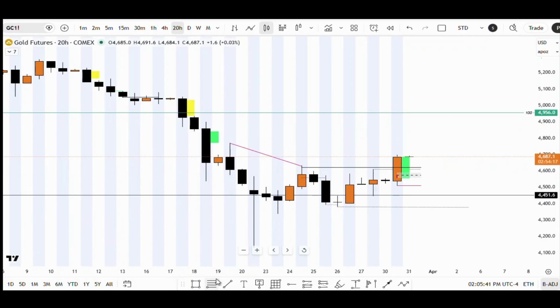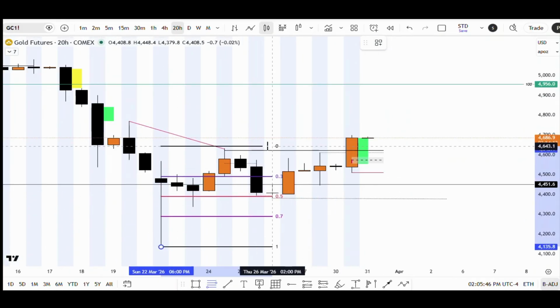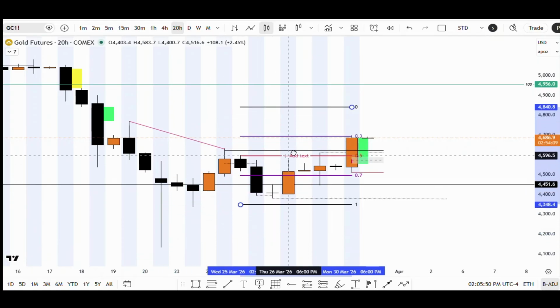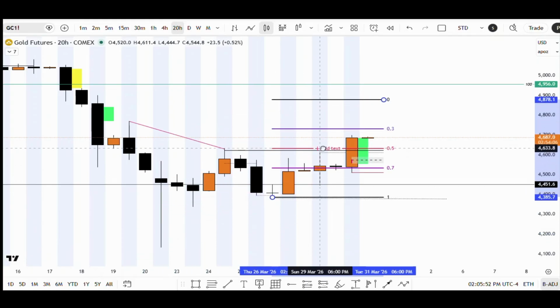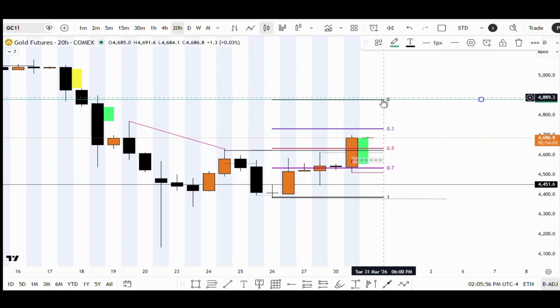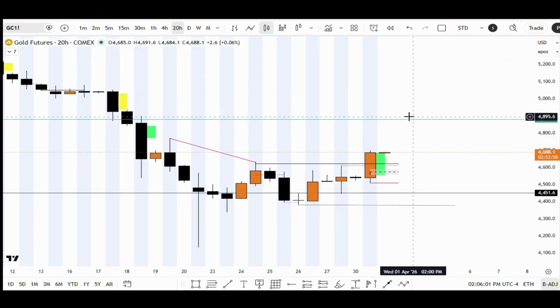So you just take a fib and you place it right at the low. Just any fib will do. And then if you take that fib and you measure to this low, you should be looking at this area here as a target. That's the two-step. Direction is step one, and then step two is just retracement.